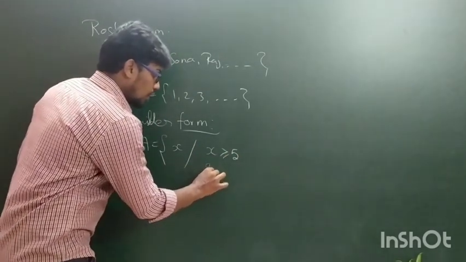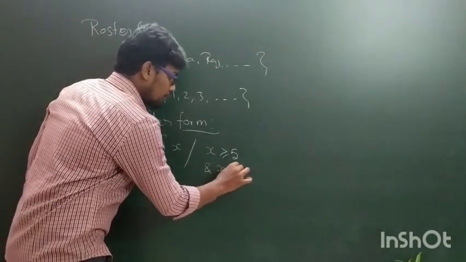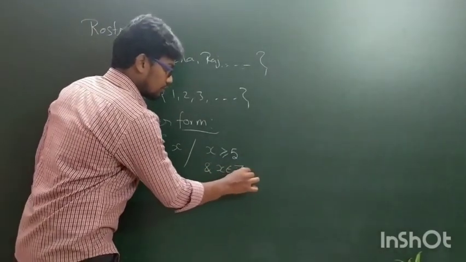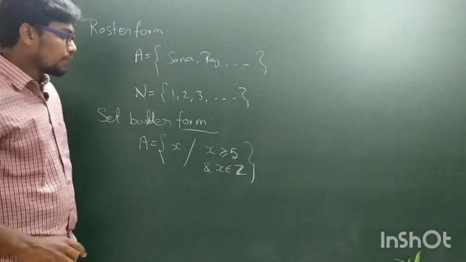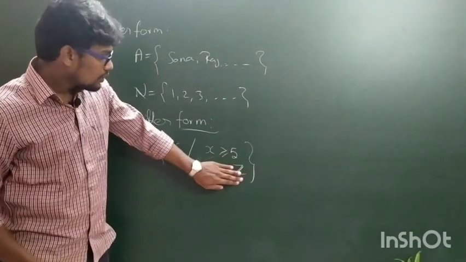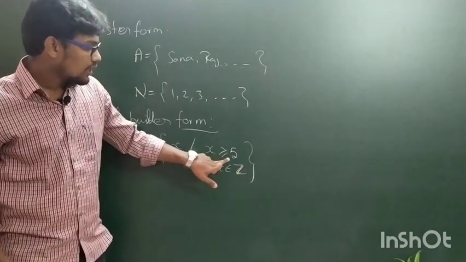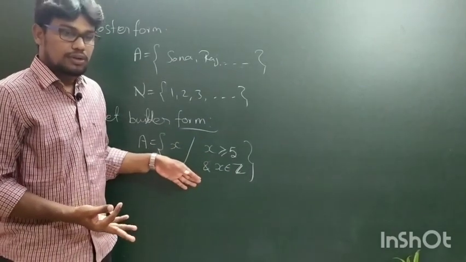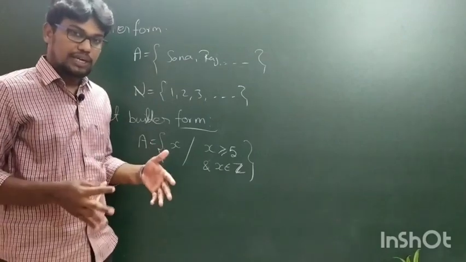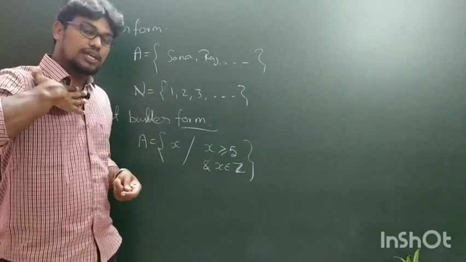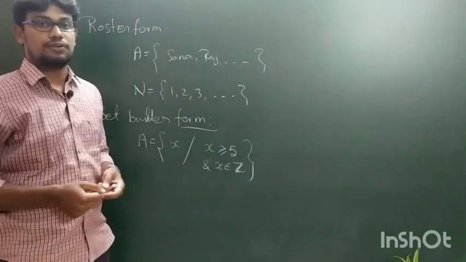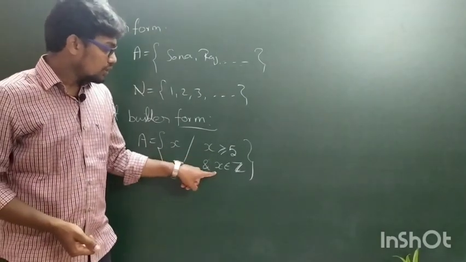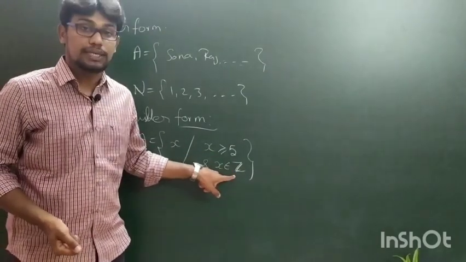No. x must also be an integer. Why is this not enough? Because x greater than or equal to 5 means 5.5 is also greater than or equal to 5. But I want to write only the positive integers which are greater than or equal to 5, right? So I have to mention my element should also be an integer.